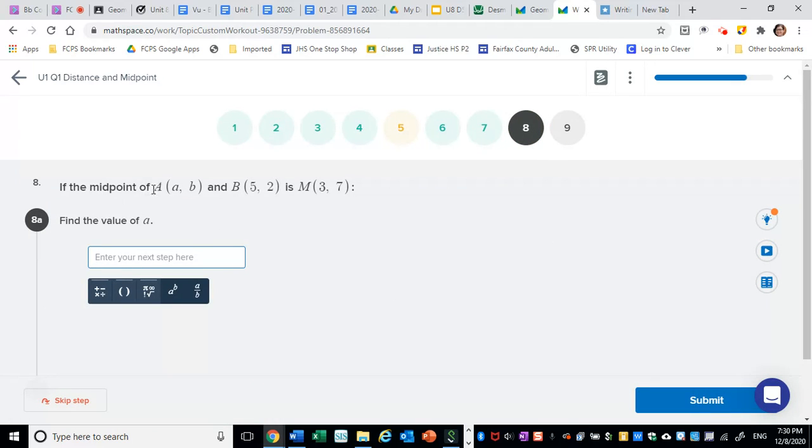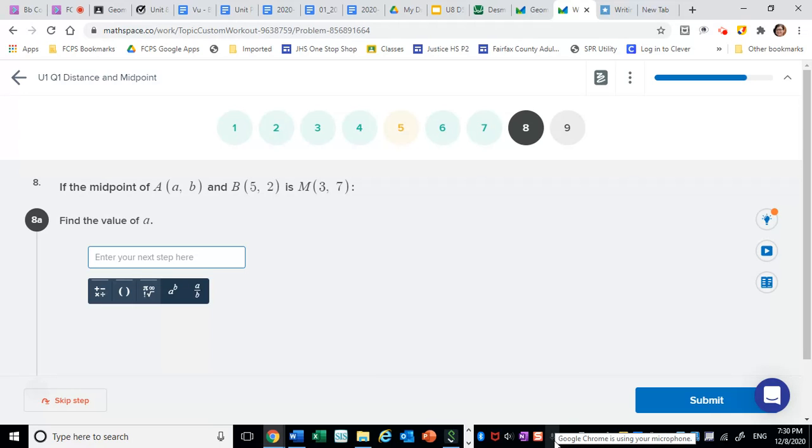If the midpoint of A and B is defined, and you also have the midpoint M, what is the value of A? So you are going to use the formula.